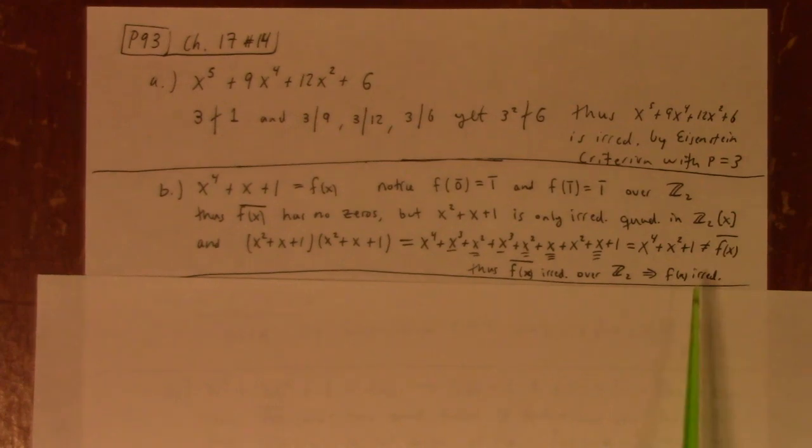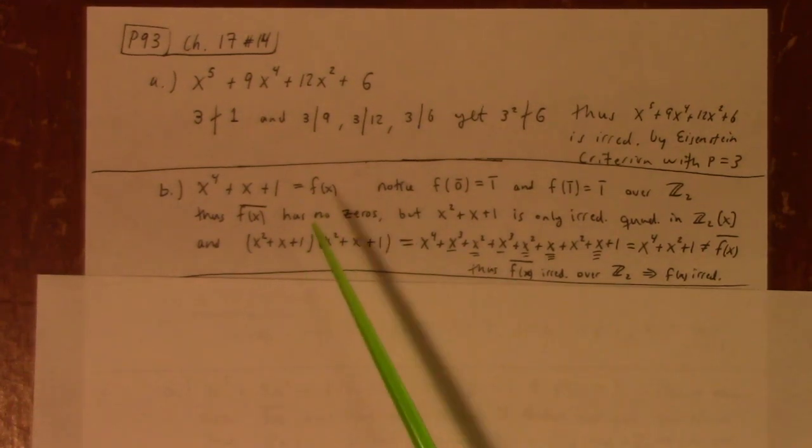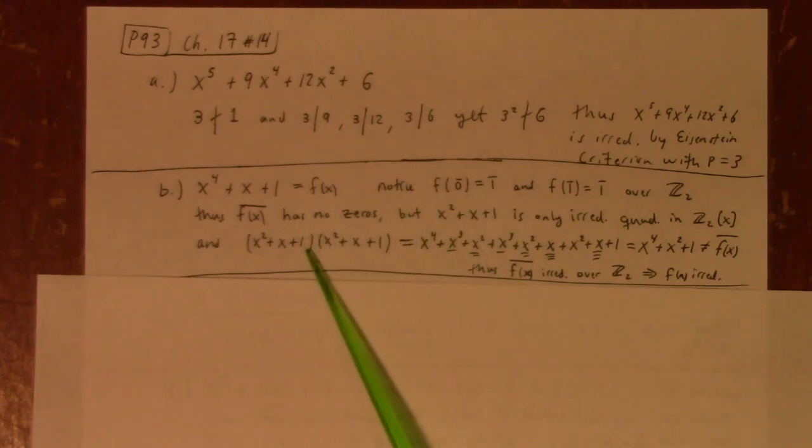Obviously, this is a much more sophisticated argument than the Eisenstein one, right? So if I intended for you to use irreducibility by evaluation over a prime, it would probably be a degree 2 or degree 3 one, where we have the wonderful theorem that if there is a 0, it's reducible, and if there's not, it's not.